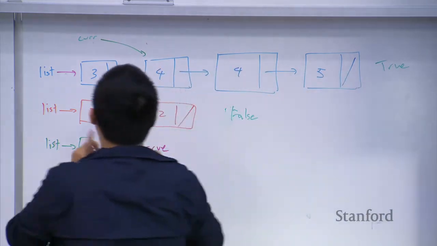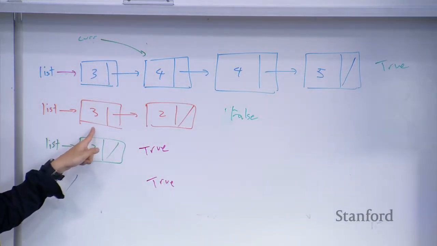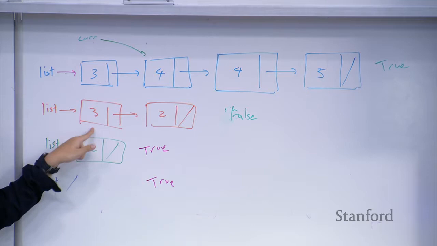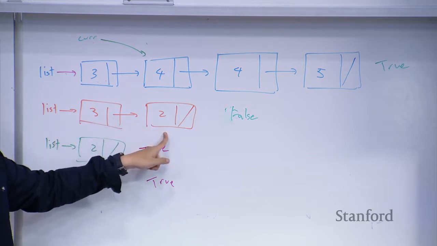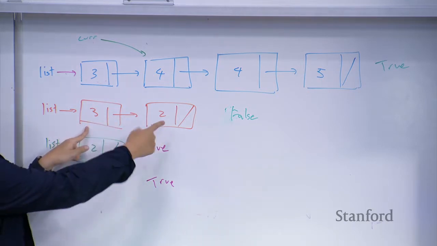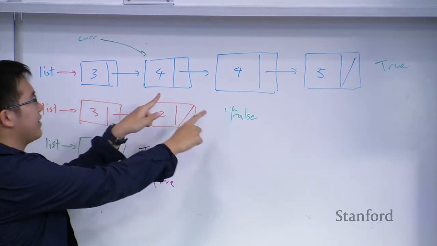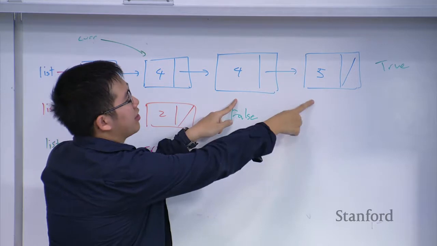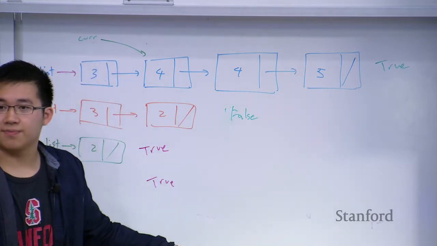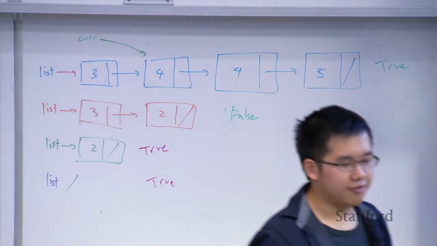If you ever see that the number in the front is greater than the number in the back, that means it's not sorted, right? If you ever see something like this, then it's not sorted. But if you keep going and you're just like, okay, this is less than or equal to that, this is less than or equal to that, this is less than or equal to that, then you know that it is sorted.